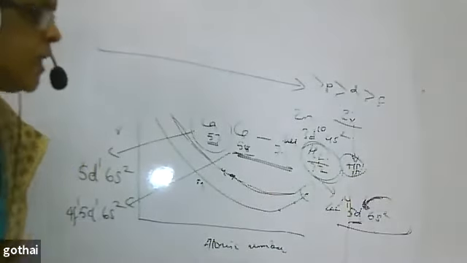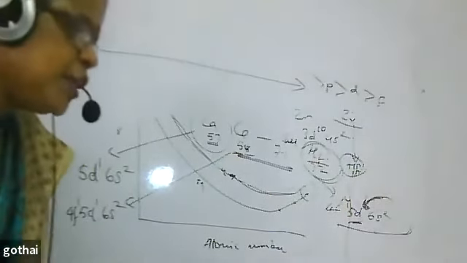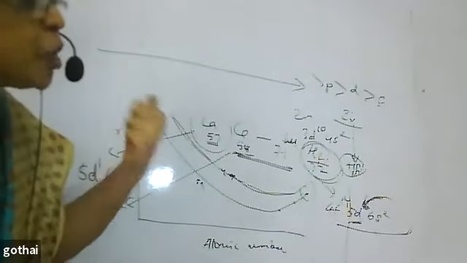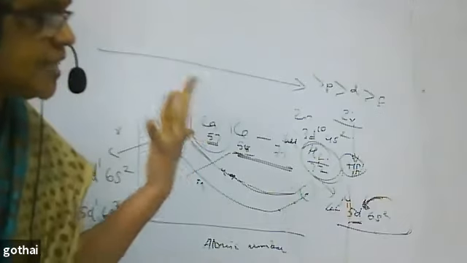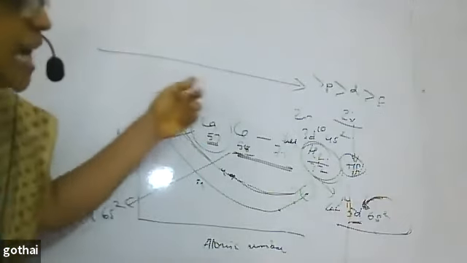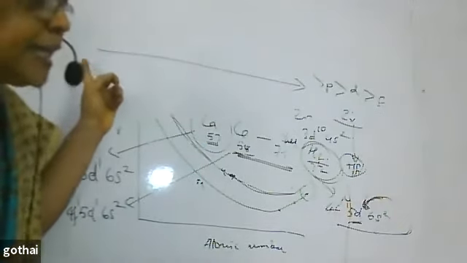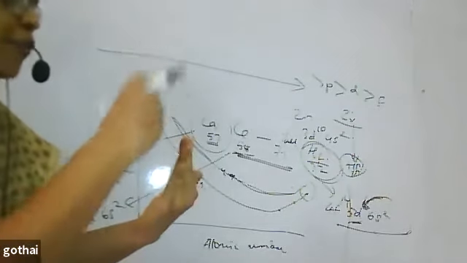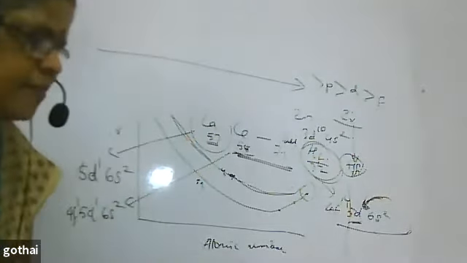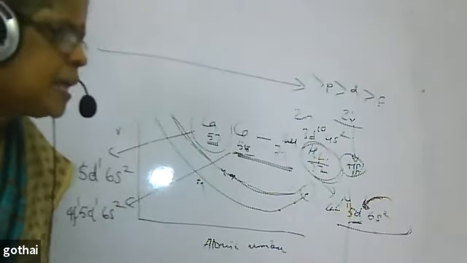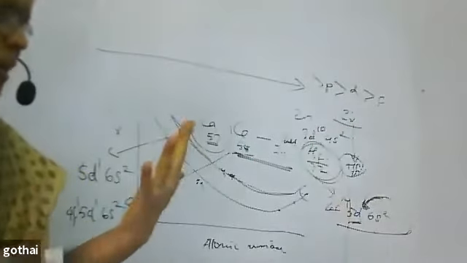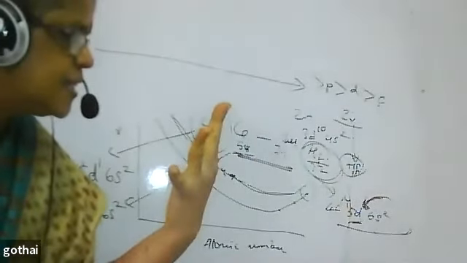Why? With increase in atomic number, effective nuclear charge increases. But due to poorly shielding f orbitals, which start filling up in the lanthanoids, f1, f2, f3 like this, poor shielding is more. One is attracting, another is not attracting.